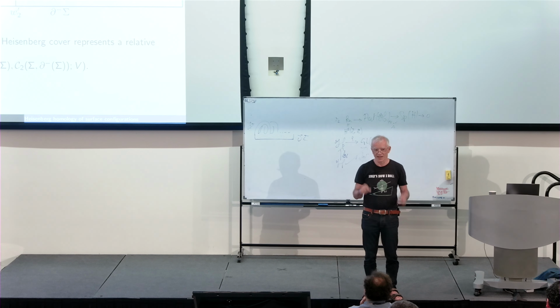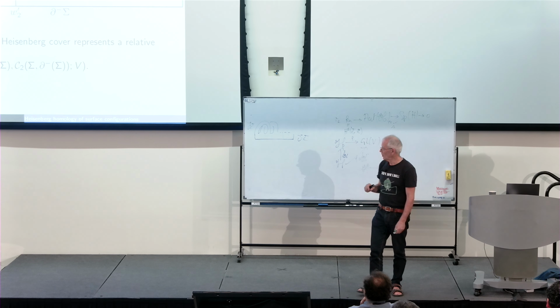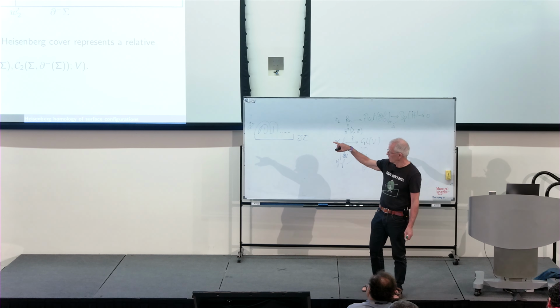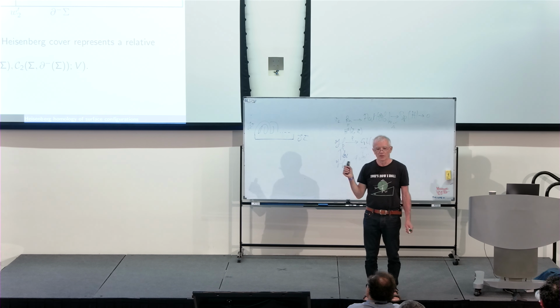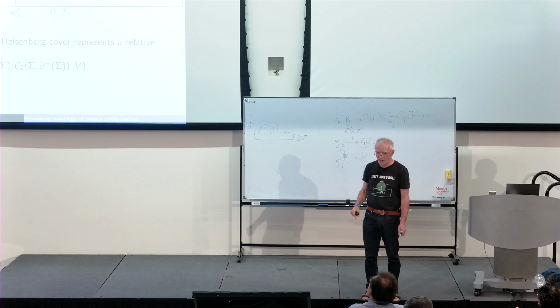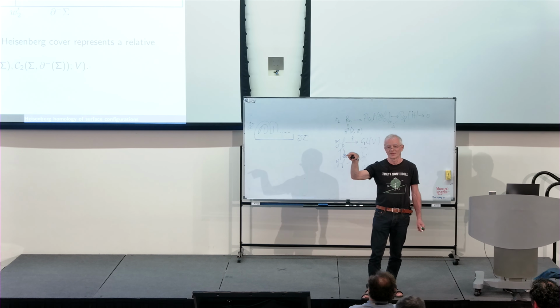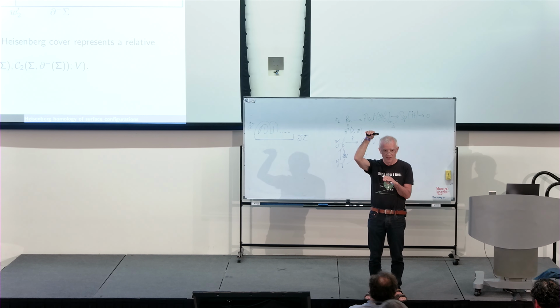And what I say is that this square represents a relative cycle in C2 sigma, C2 sigma boundary minus. Because if I take the boundary of the square, I will always have 1 point on the blue part. So I should understand that a lift of this square in the covering space is a 2 cycle.